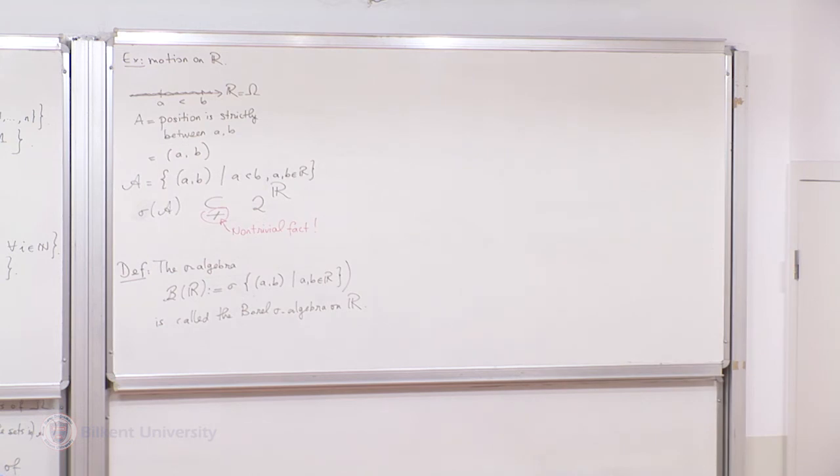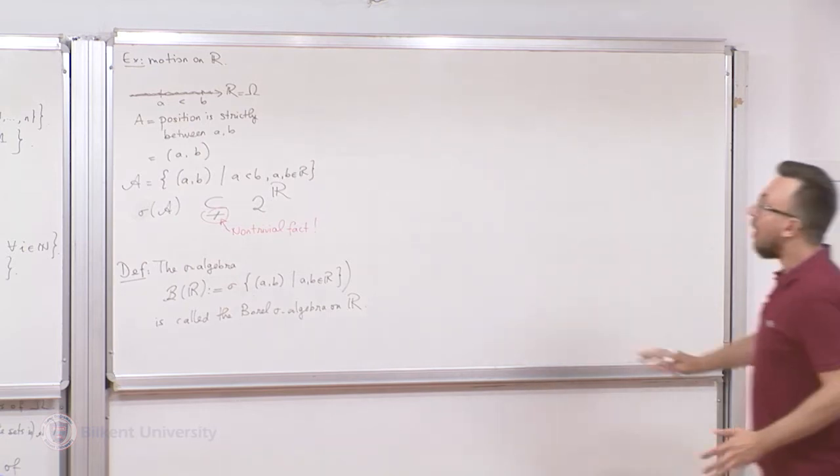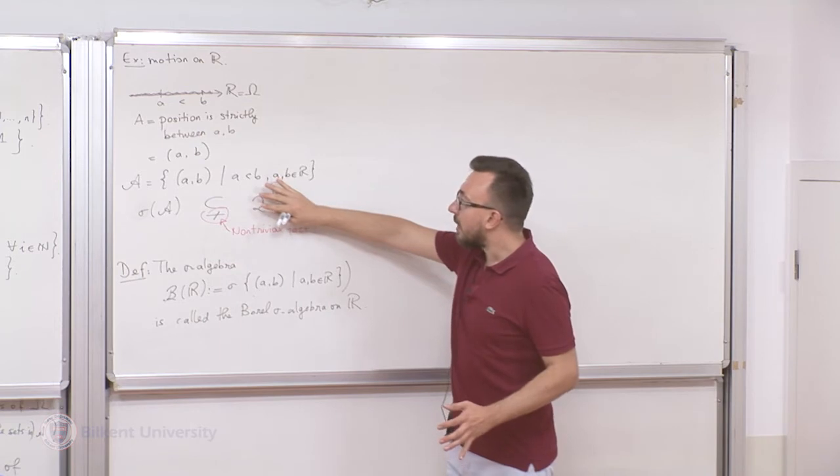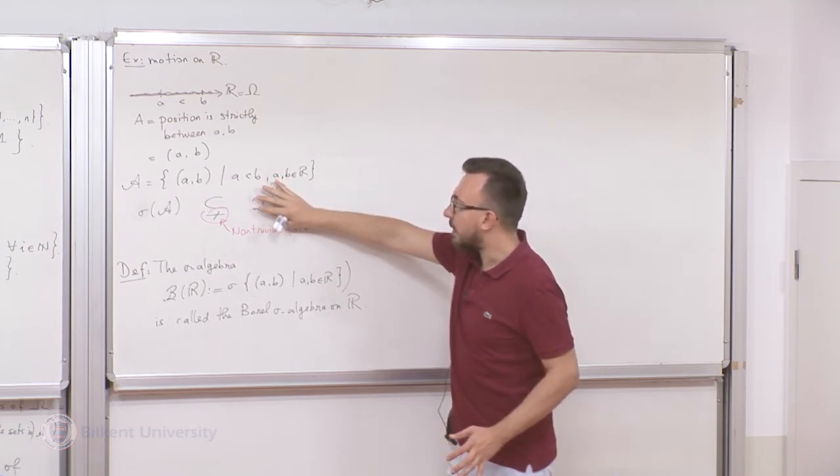As I said last time on Tuesday, the power set is usually too big for a nice probability theory. There are mathematical reasons behind that. And this is really the part where I'd like to repeat this result. If you'd like to do probability theory or measure theory on the power set, you will get into trouble very easily.